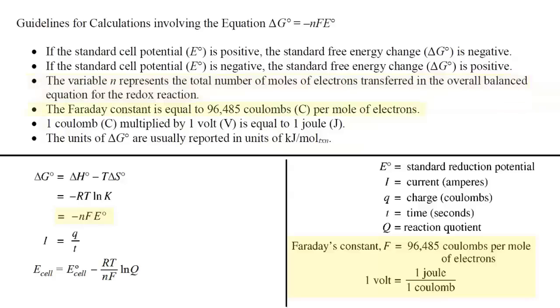As I mentioned, the Faraday constant is equal to 96,485 coulombs per mole of electrons. And in terms of units, 1 coulomb multiplied by 1 volt is equal to 1 joule. The last point to mention here is that the units of delta G, the change in free energy, are usually reported in kilojoules per mole of reaction. So we'll see how you may have to divide by 1,000 when going from joules to kilojoules when you're using this equation to do calculations.